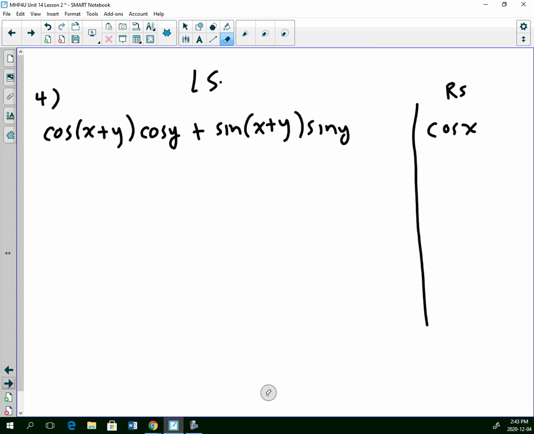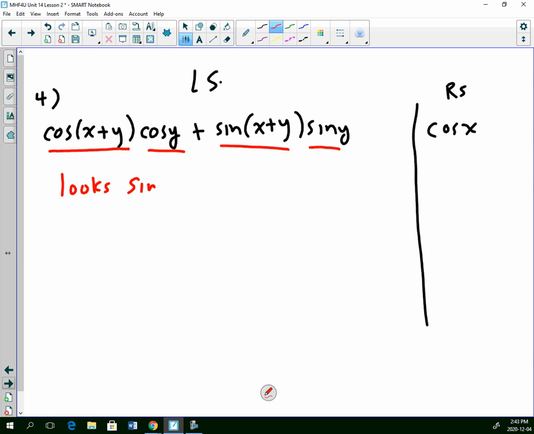Okay, so if you look at this, you've got cos (x plus y) cos y, plus sine (x plus y) sine y. If you think about your compound angle formulas, so if you look at your identity list, you might say, well, that kind of looks like the compound angle formula, cos x cos y plus sine x sine y.